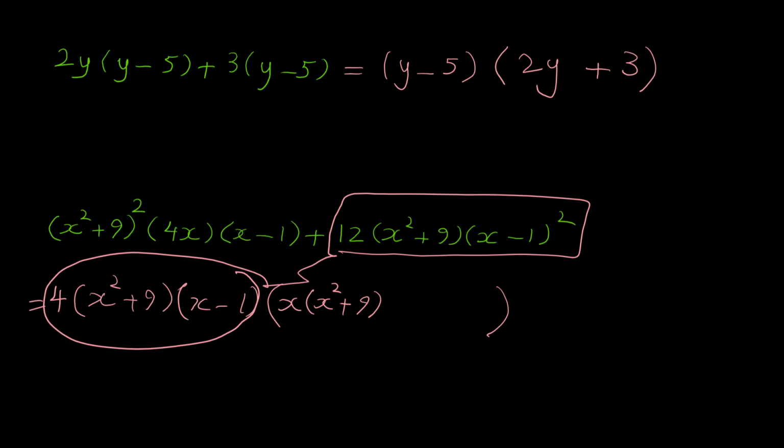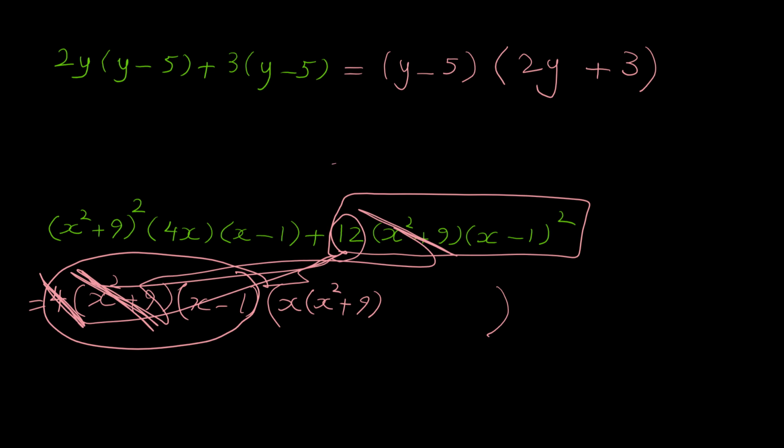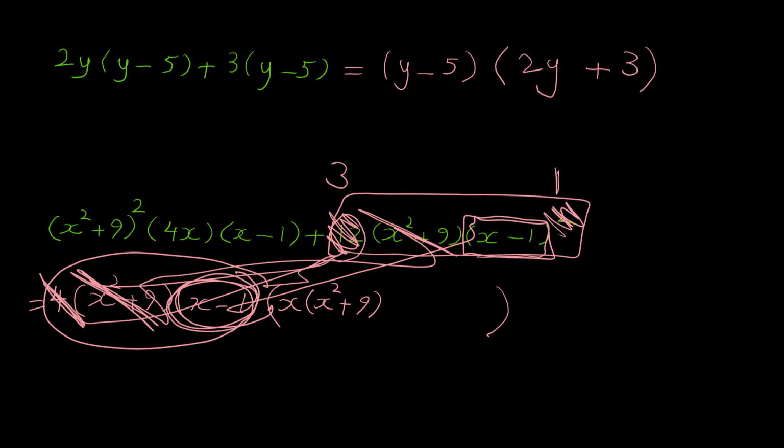When we divide x to the 2 plus 9 with this term, this cancels. 12 divided by 4 would be a 3, so this is gone. And x minus 1 to the 2 divided by x minus 1, this power goes away and it becomes 1. So we have a 3 times x minus 1.